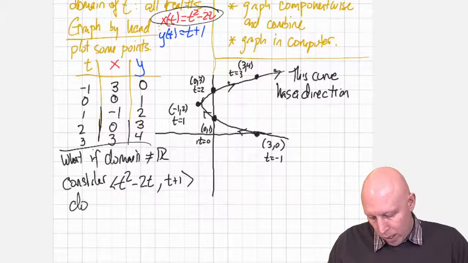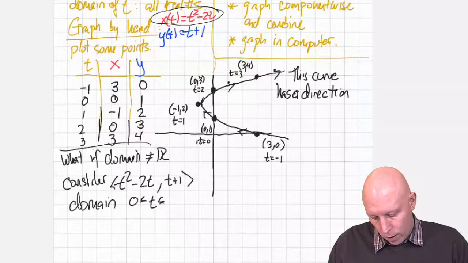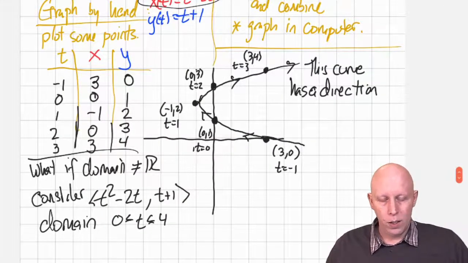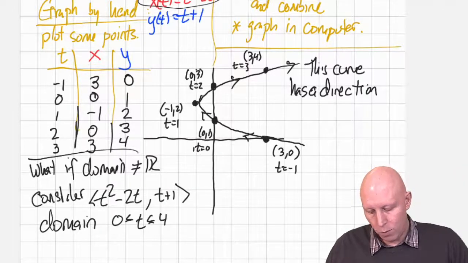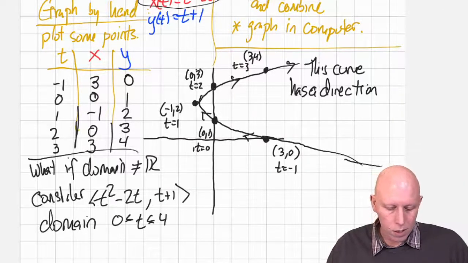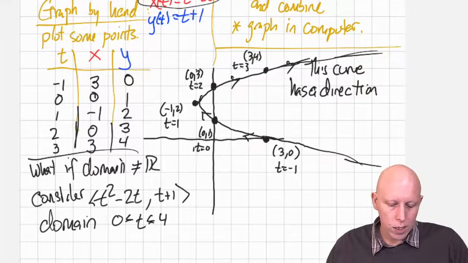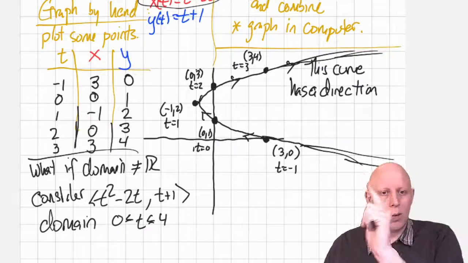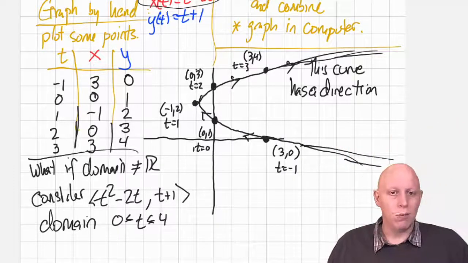But on the domain, t goes from 0 to 4. Because before, when the domain was all real numbers, this curve extended off to infinity that way. So it came from negative infinity this way, extended off to positive infinity that way.